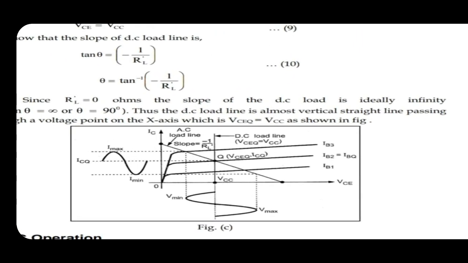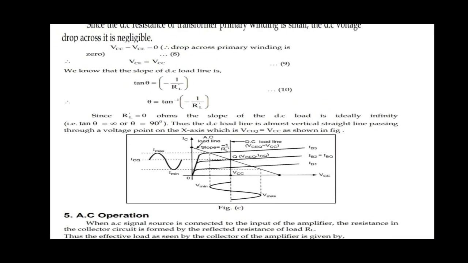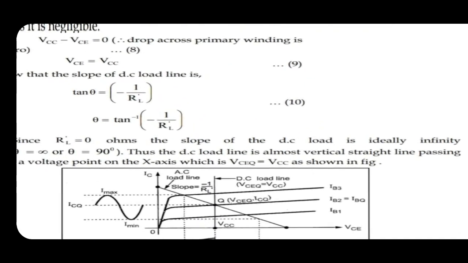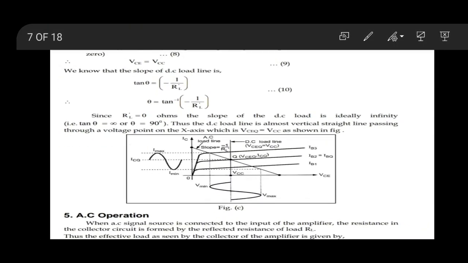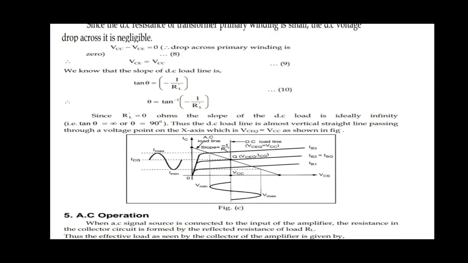This is the maximum current, ICQ, Imax and Imin. This is the current swing. V minimum and V maximum is the voltage swing. This is the graph for the AC load line. From this graph we have to calculate the efficiency.